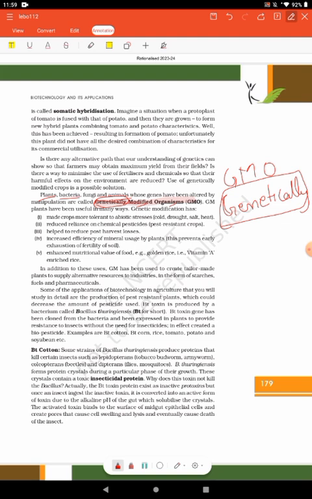This is possible in various types of organisms: plants, bacteria, fungi, animals. In plants we do these modifications generally in the domesticated plants for the following reasons, like making the plant more tolerant to abiotic stresses. Reduction in the application of fertilizer, means we are improving the yield potential of the crop, so that we need a lesser amount of nutrients from the outside.